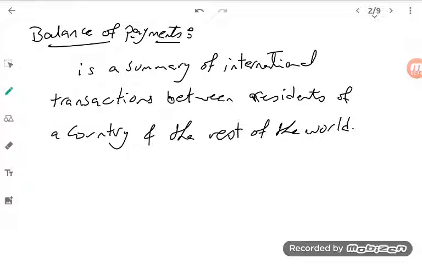So balance of payments is a table that summarizes all international transactions in terms of selling and buying of goods and services and financial assets between a country and the rest of the world.